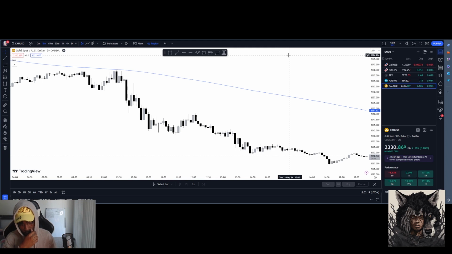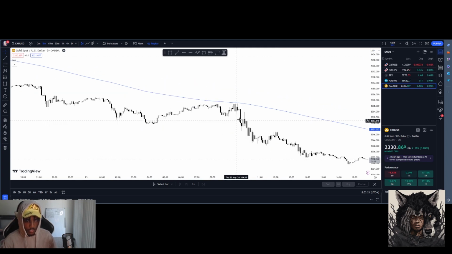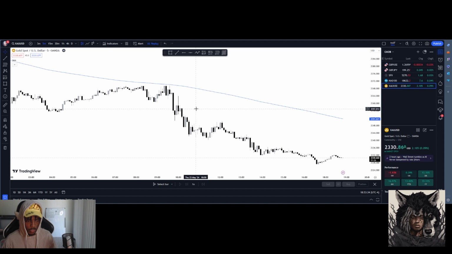So how does the market create supply and demand zones? Basically the market will drive price either up or down. When price goes up, it's going to come to a point where there's too much supply and not enough demand. So then price needs to drop down, and vice versa.